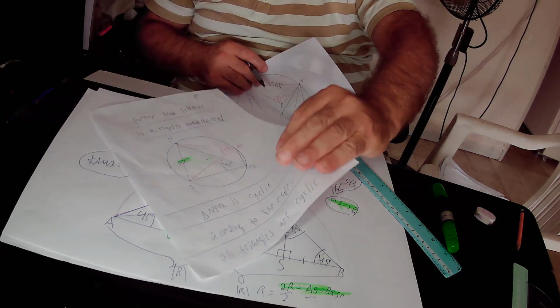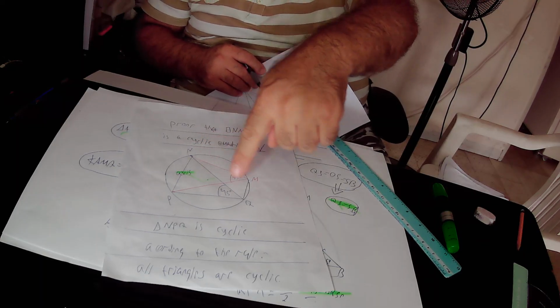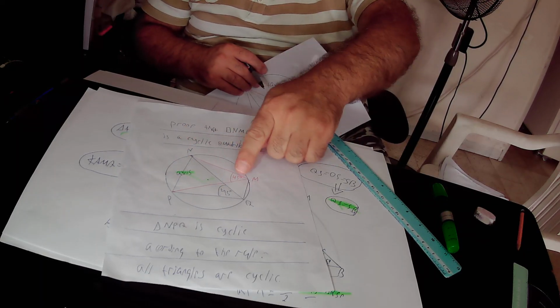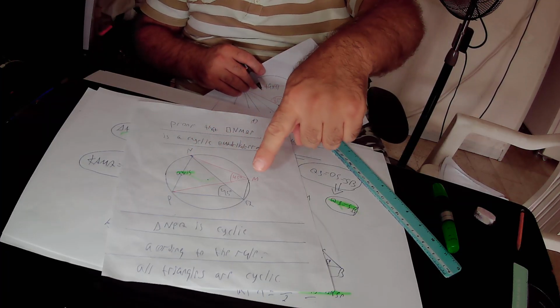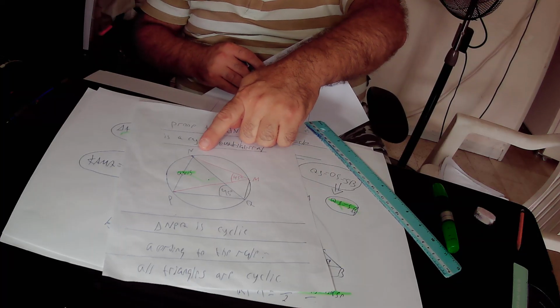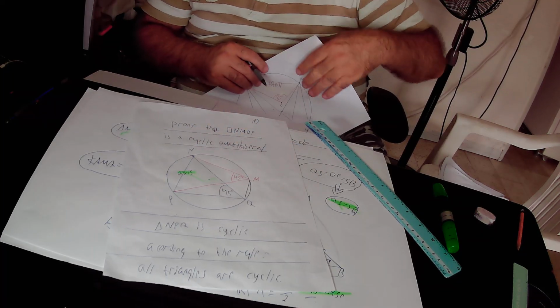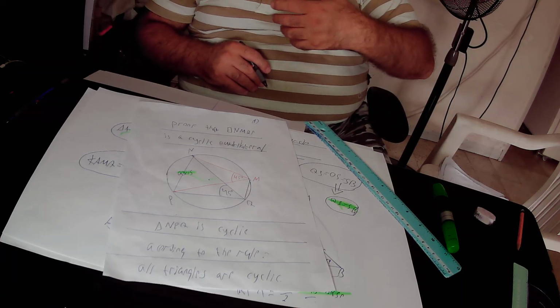So, I copied triangle NPQ from the original drawing. In triangle NPQ, angle NQP equals 45 degrees and subtends the base NP. We have the rule that says all triangles are cyclic.